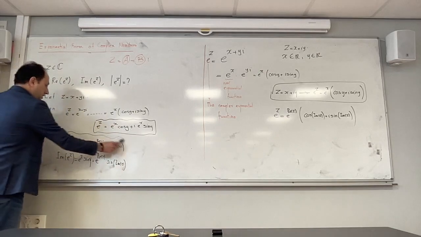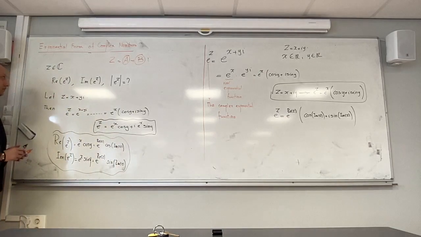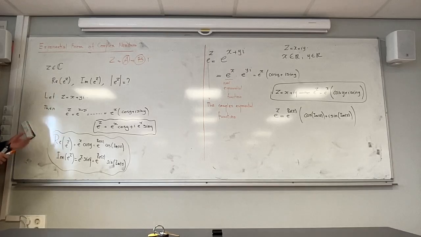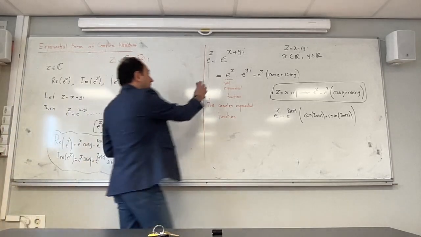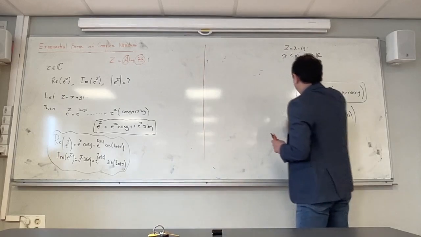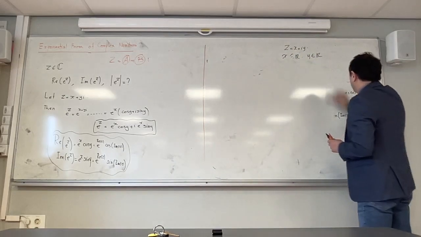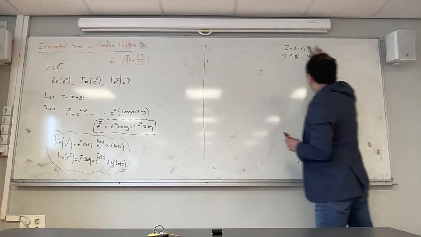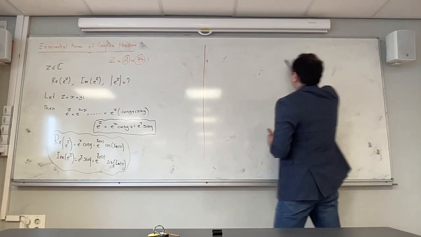So these are the formulas. But of course, the last question, what is the absolute value of e to power z? The absolute value has always one single formula. It is the square root of the real part squared plus the imaginary part squared.